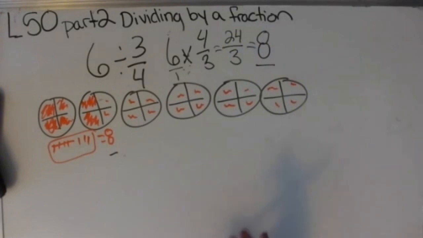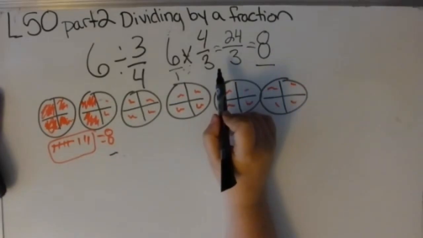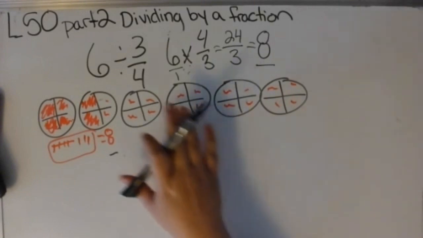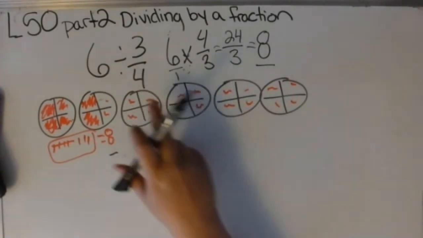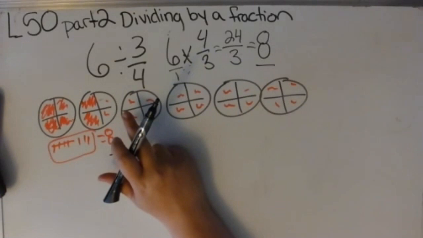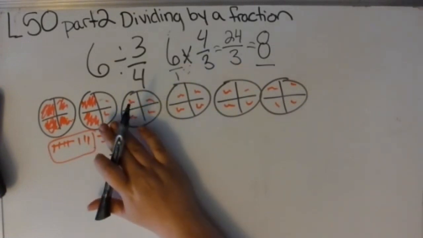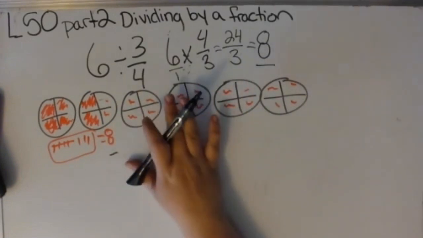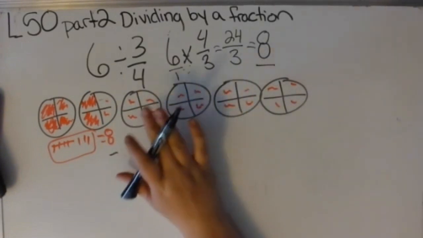Again, as we start getting into bigger and bigger numbers, this method is going to allow you to do that. This other method gets very tedious the bigger the numbers and the more different the fractions are. If this had been 6 divided by 4/15, I would have had to find a way to break all these circles into 15 pieces, then count them all out. It's just not feasible. Could I do it?